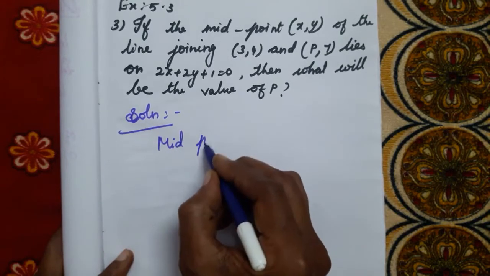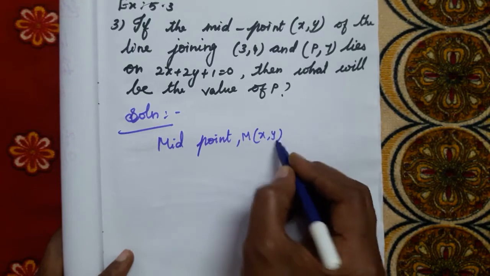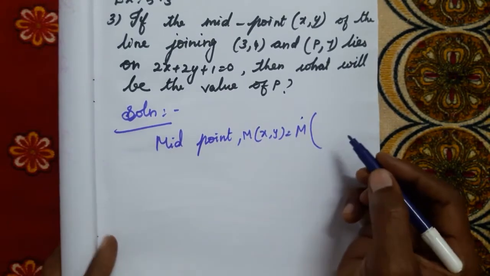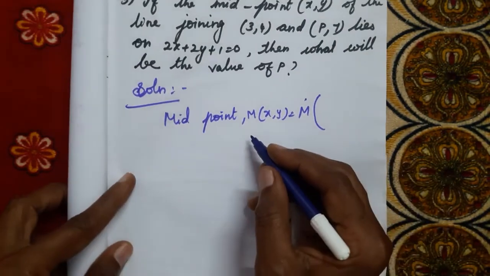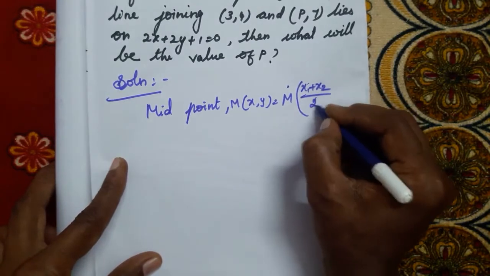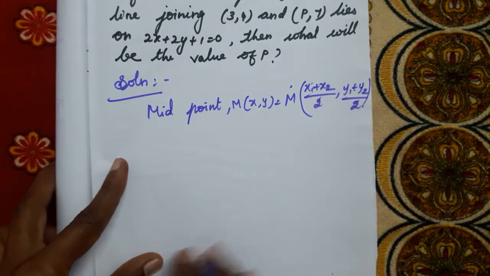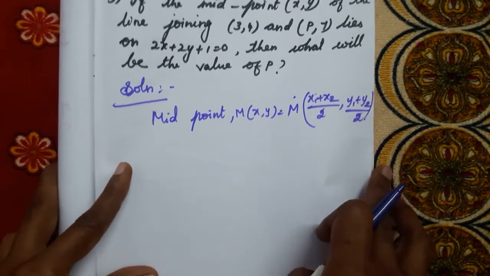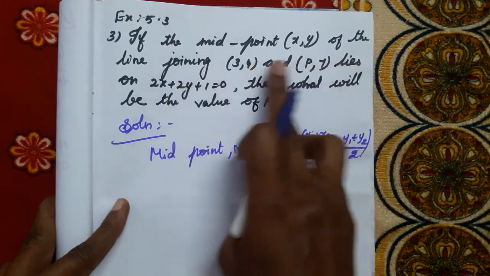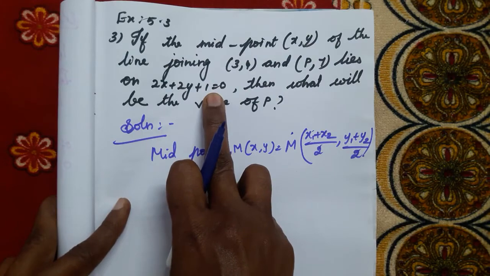Midpoint M(x, y) is equal to ((x1 plus x2) by 2, (y1 plus y2) by 2). This midpoint lies on this straight line, as given.